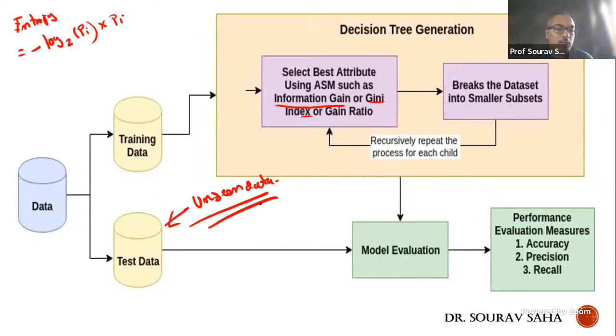If your model is performing equally well or very good on the unseen data, then probably you have built a wonderful model. Otherwise, if your model is doing very well on the training data but very poorly on the test or validation data, then there is some problem with the model. The model does extremely well on the training data but poorly on the test data.